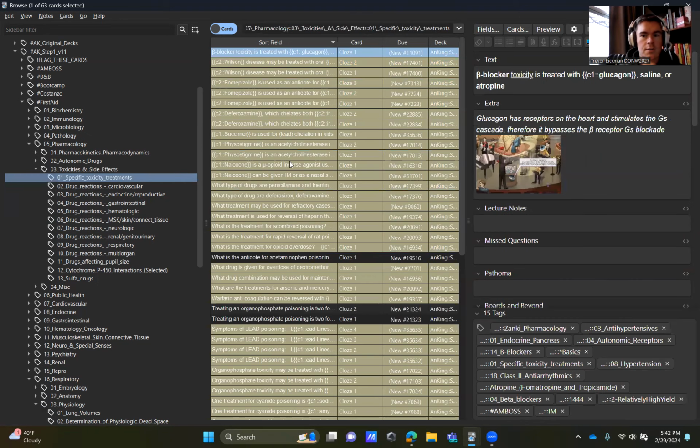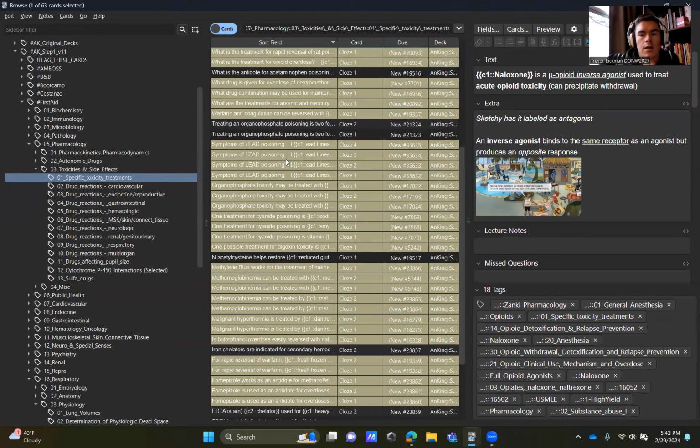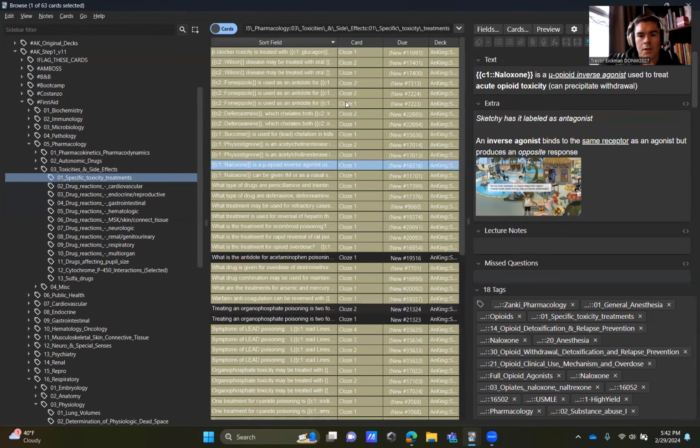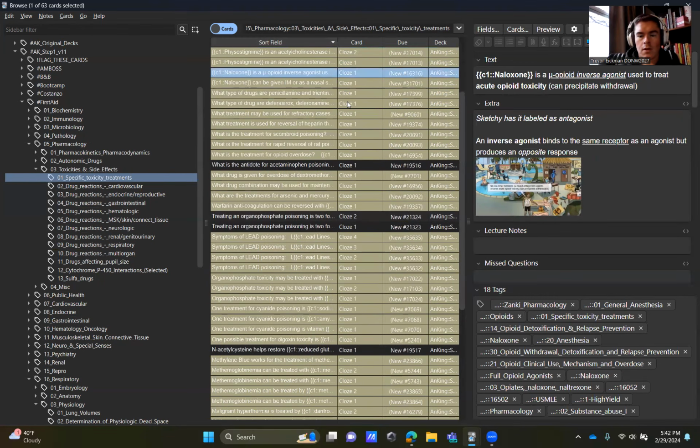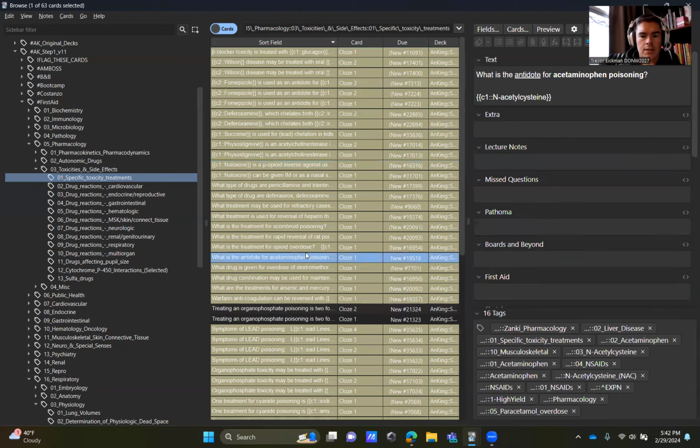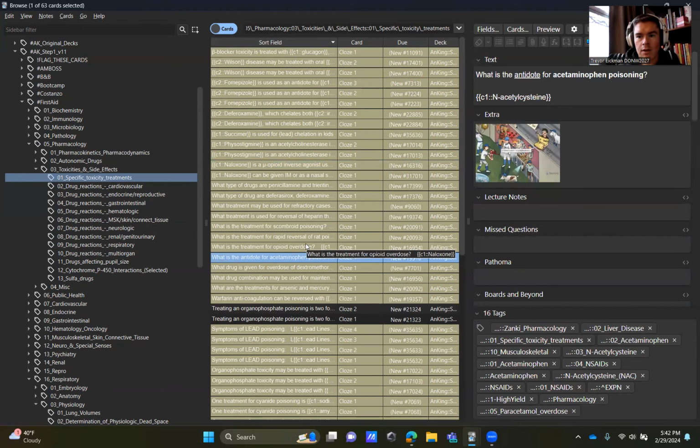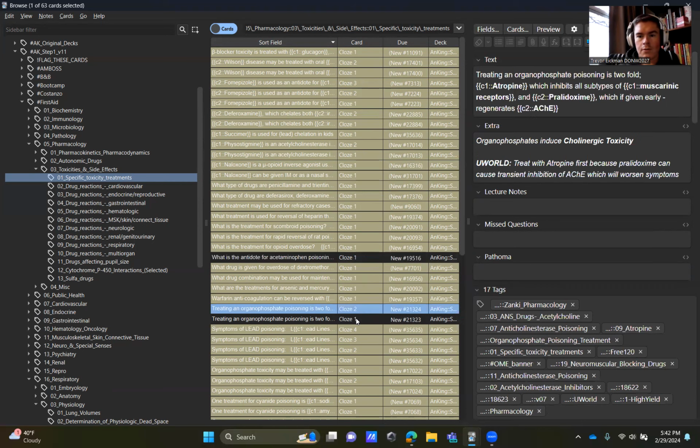We'll go to specific toxicity treatments. And again, organize yours like this, and then you can hopefully try to find these. So I just found the acetaminophen antidote or treatment, which is N-acetylcysteine. Activated that one. And then about 4 or 5 cards after that, you will find the one for organophosphate poisoning, which is twofold treatment of atropine and pralidoxime.